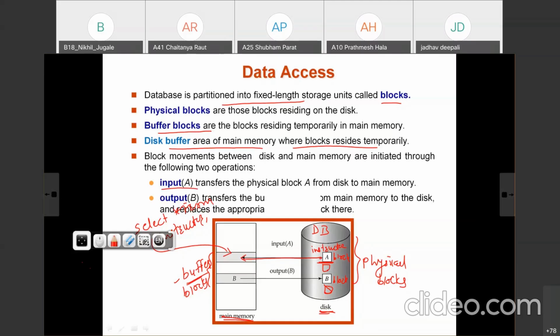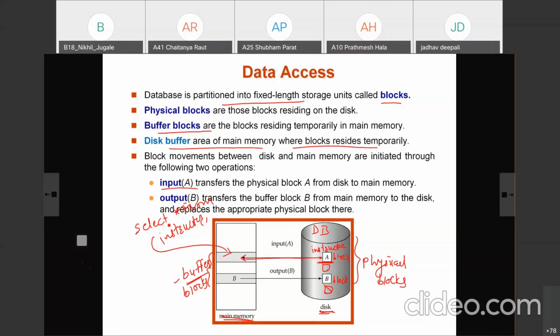And once the instruction is executed, the block's work is finished. Then it is returned back to the disk using the different buffer replacement policies that we have also seen: last in first out, first in last out, least recently used, toss immediate, most recently used. All these policies we have already studied.